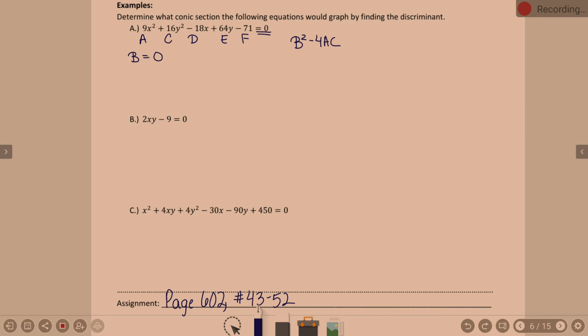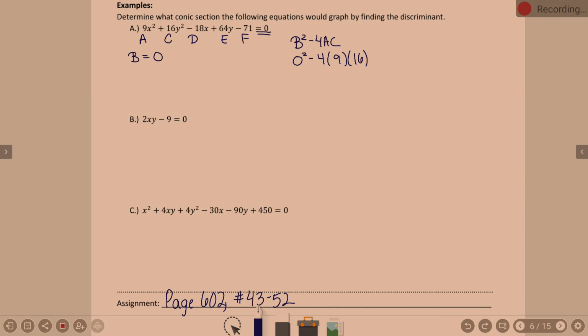B squared minus 4AC. So what are we doing? 0 squared minus 4 times 9 times 16. Well, in all honesty, without grabbing my calculator, without doing the math, I can tell which group this falls into, because 0 squared is 0 minus some number. What is this going to give us?